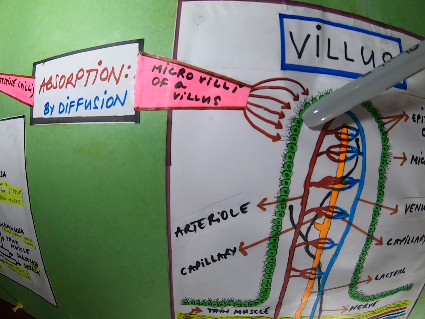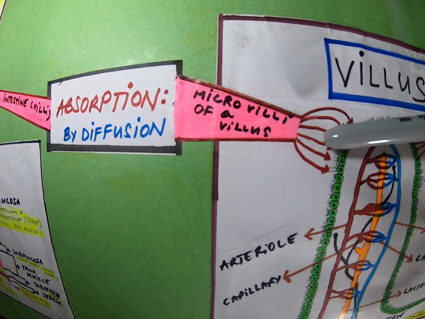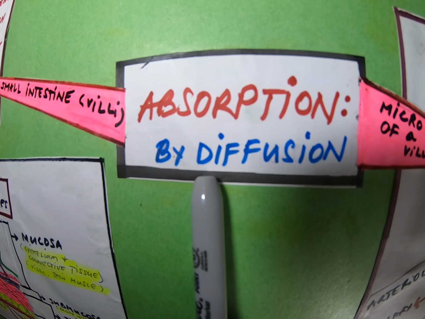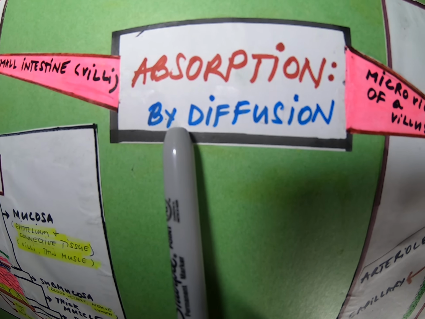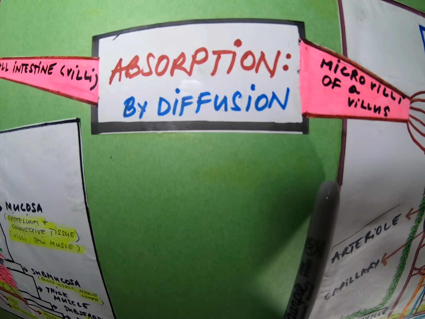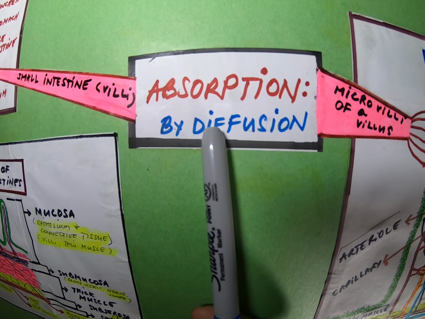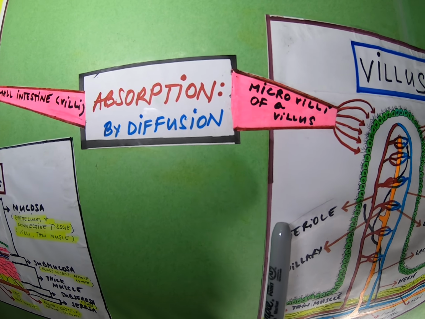Okay, and the entry of these fine particles of food is by diffusion. That is under the principle of diffusion, where the more concentrated solutes outside will get into the lesser solutes, so down the gradient. Solute with higher concentration moves down the concentration gradient, from higher to lower.